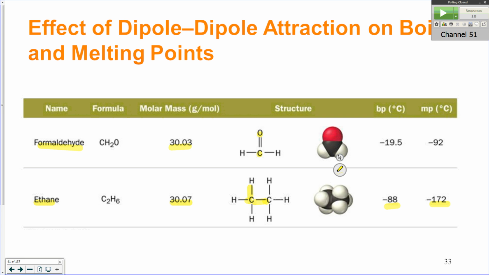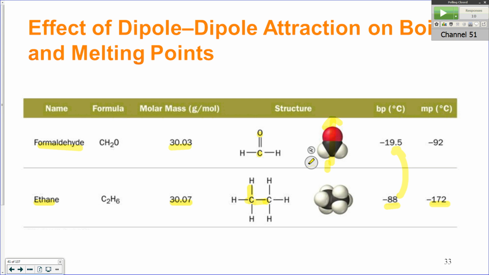That means the electron density is all pulling to one side, so it has a permanent dipole. Even though they have similar molar mass, the difference in boiling points is about 70 degrees. And that's simply due to the dipole-dipole interaction that can occur within the formaldehyde and the lack of it with the ethane.